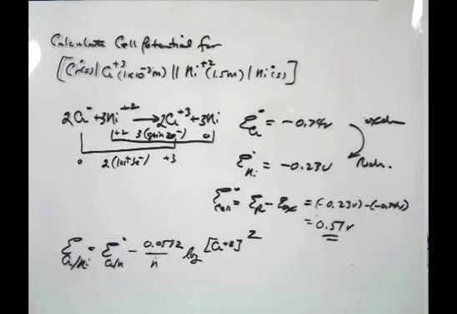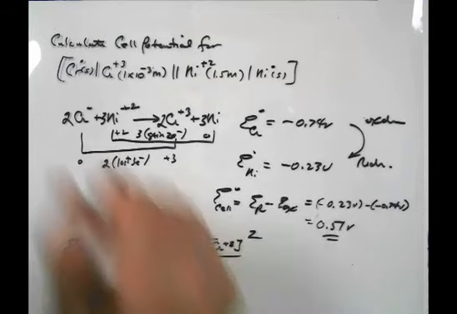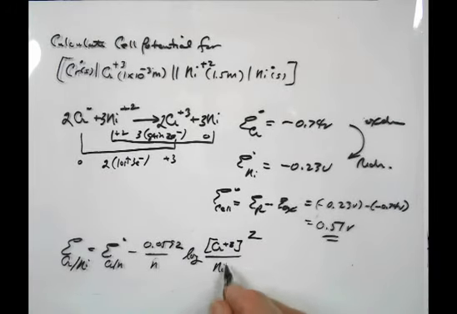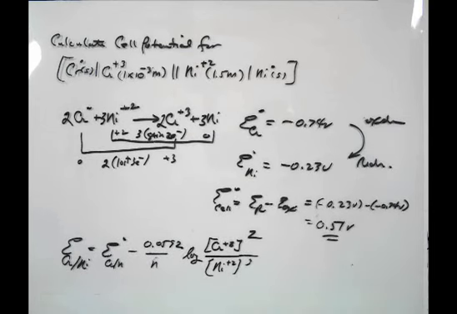So you want to square whatever you have put in that bracket. And for nickel plus 2, you cube it. So the point here is it's the same as what we did a while ago for the zinc and copper, except you've got to put the reaction together and determine what your balance is so you can raise the concentrations to the appropriate exponential power. And as we always have in equilibrium.